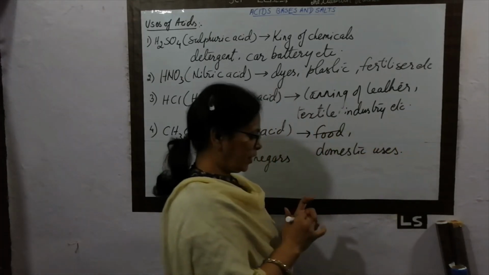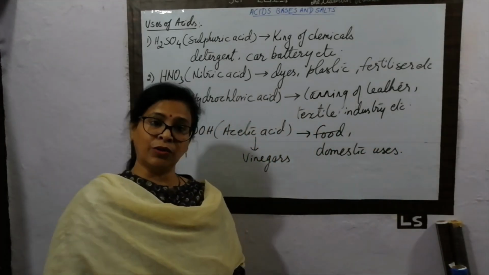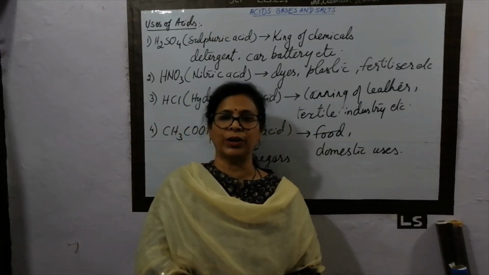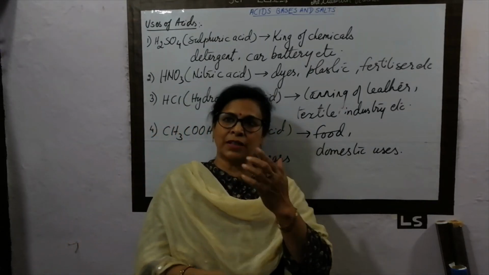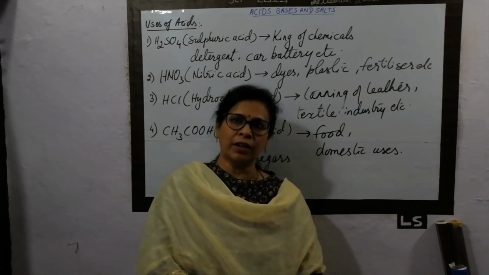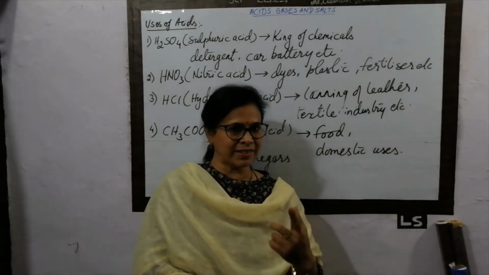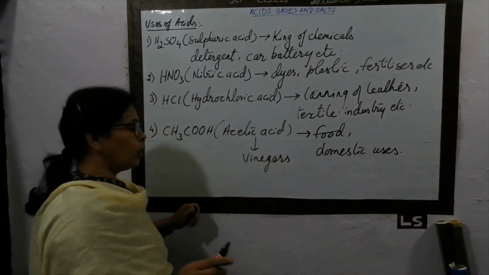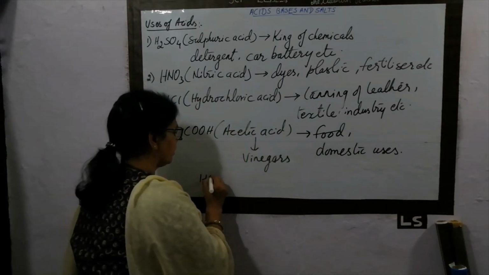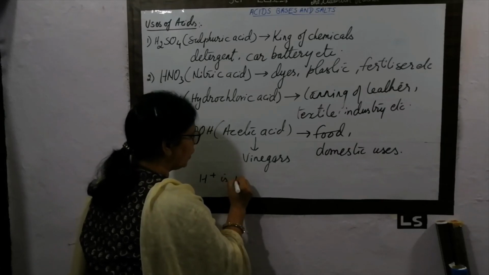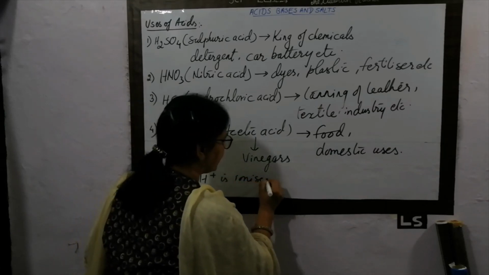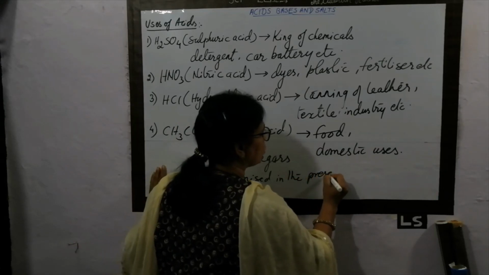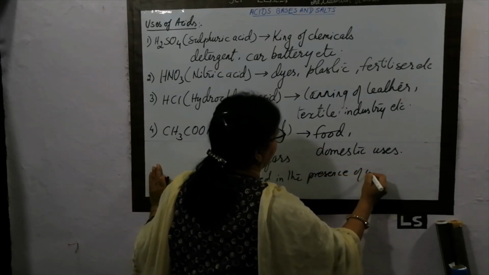So these are the various uses of acid. Now you know very well what is acid, it is a common definition. What is the definition according to the syllabus that is given in your book, in terms of furnishing H plus ion. That is the definition given by Arrhenius. One more thing I have to tell you, hydrogen ion is released or ionized in the presence of water only.